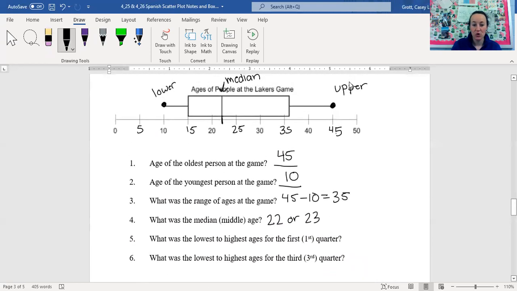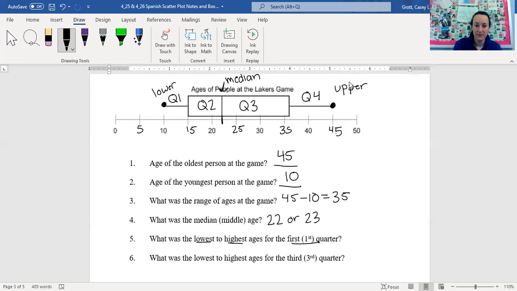What was the lowest to highest ages for the first quarter? Remember how we said this was quarter one, the box is quarter two, the box is quarter three, and the box is quarter four. So what's the lowest age for the first quarter?